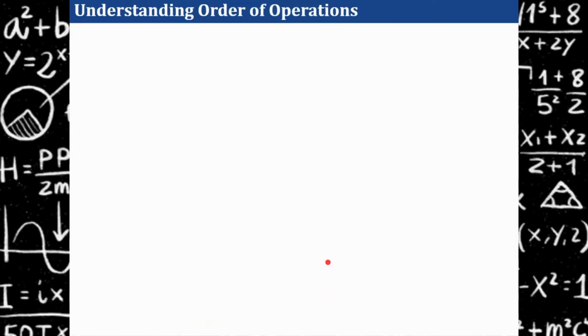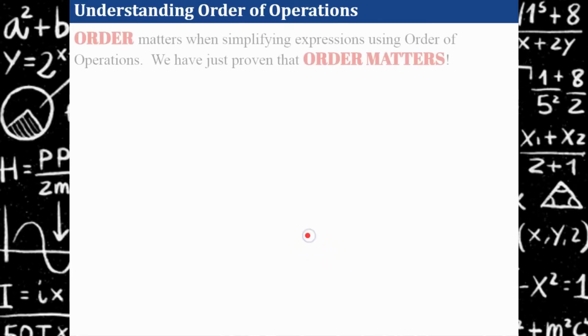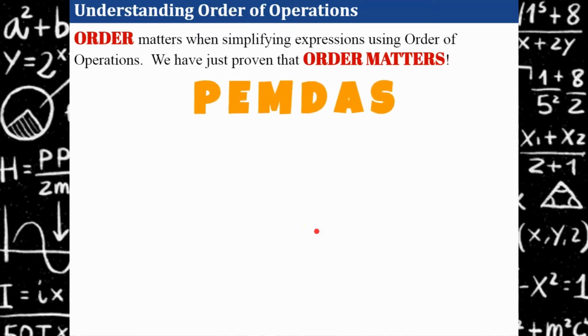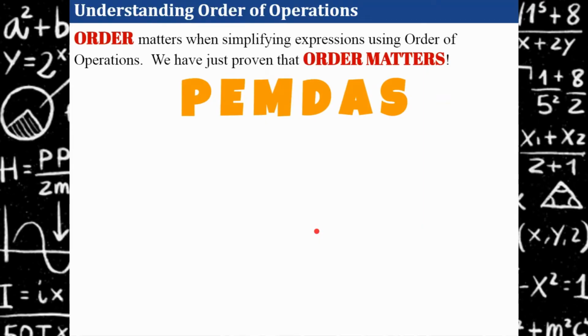So let's use what we know on understanding order of operations. Order matters when simplifying expressions using order of operations. We have just proven that order matters using commutative and associative properties. So now let's introduce you, or review if you already have heard of it before, PEMDAS.